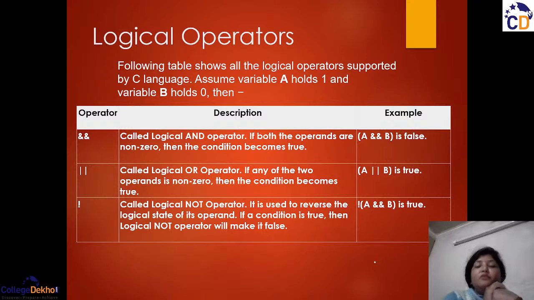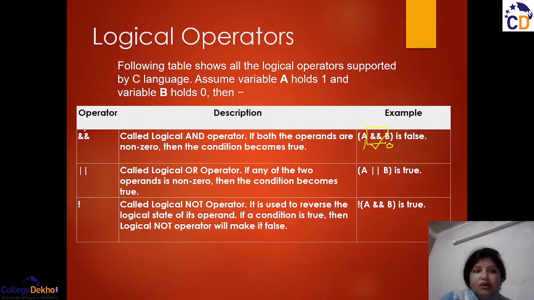Then we have the most important part, logical operators. All the logical operators supported by the C language: there are three logical operators, and, or, and not. Assume variable A holds 1 and variable B holds 0. So suppose one variable is holding true and one variable is holding 0. In the case of AND, the ampersand, this is called the AND operator.